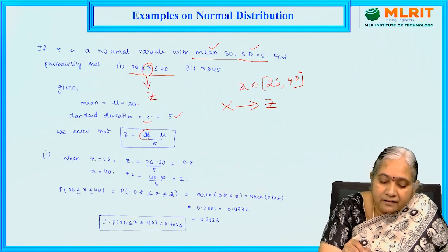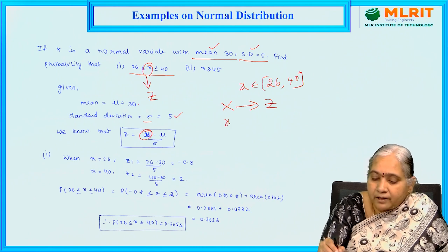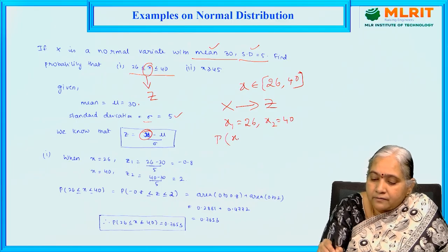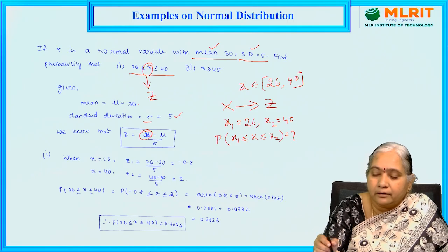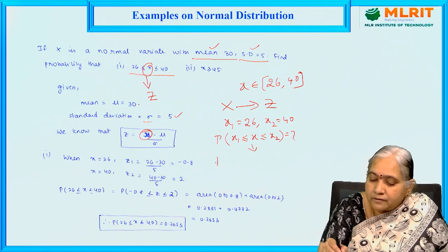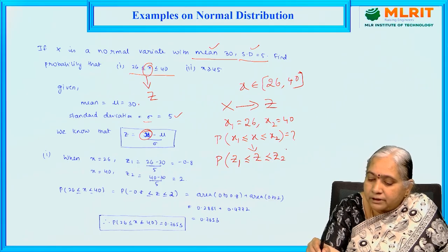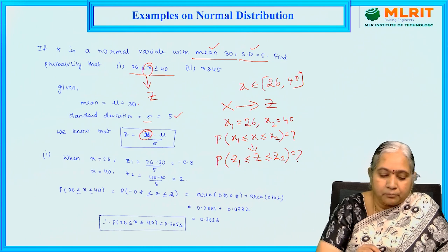Here X1 is 26 and X2 is 40. We have to find the probability of X1 less than or equal to X less than or equal to X2. For that, we reduce this normal variable to the standard normal variable Z, so Z1 less than or equal to Z less than or equal to Z2.